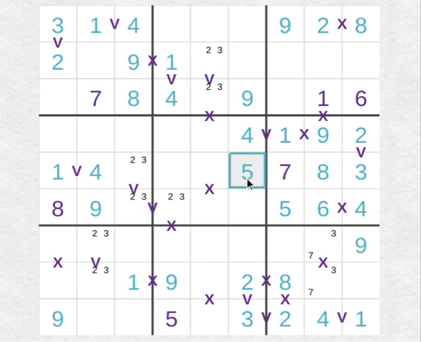5 has to go in there because we know 5 is going to be in here. Crosses these cells. And this 5 and this 5 make these two the last cells, and 5 has to go in here because we cannot have 5s in the dominoes.